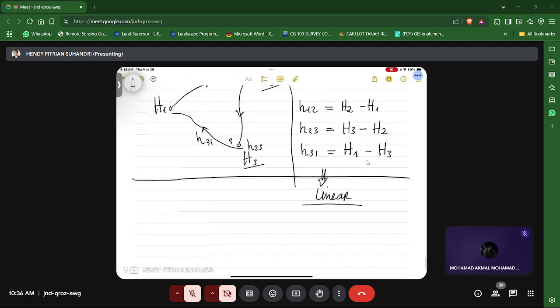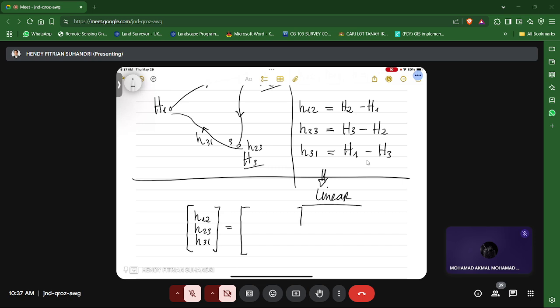So let me write in matrix form: all observations or measurements we put together in one vector, let's say the vector H12, H23, H31. It is the same, just another way to write the equations, in matrix or vector form, equals.